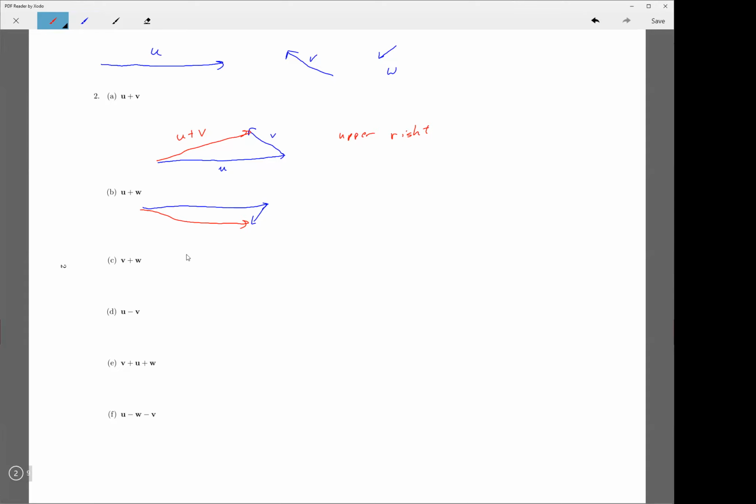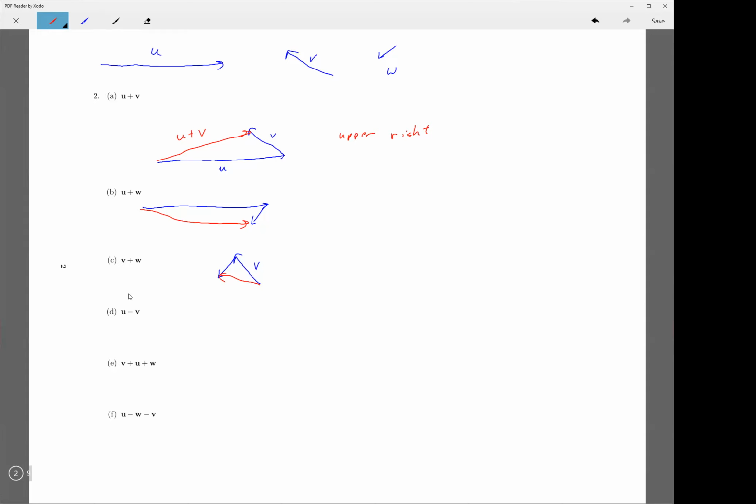Okay, then V plus W. So V is going to be right like this, and then W is going to come down right there. So the result is going to be something like that, which looks like bottom left.